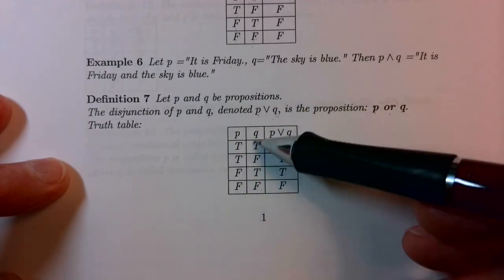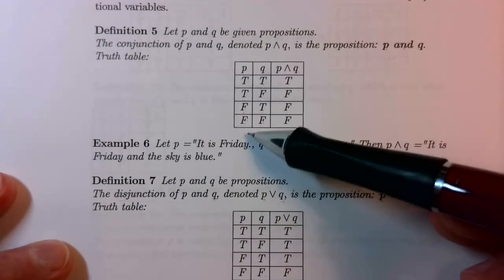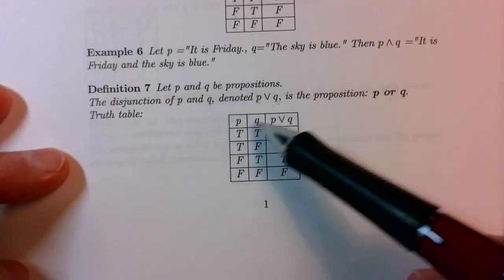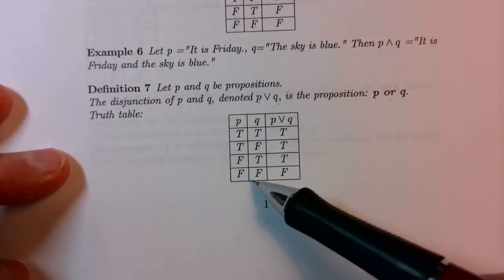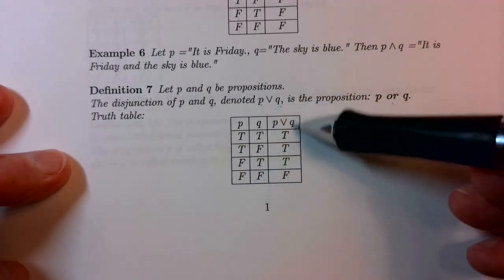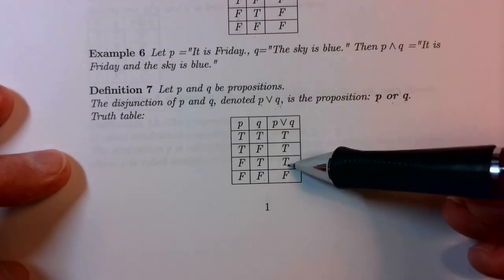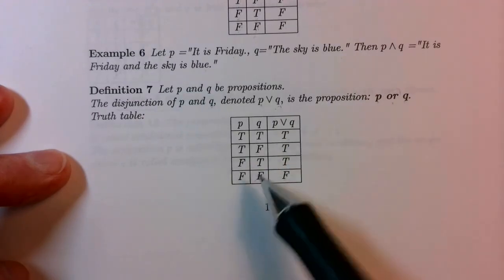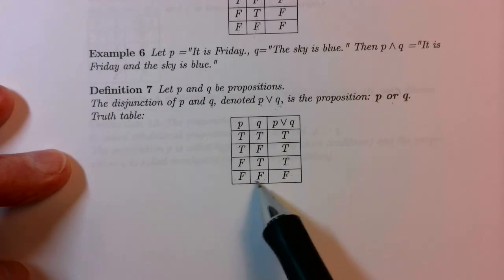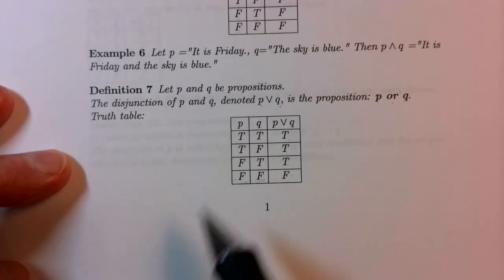You see that the first two columns are the same as in the previous table. That is, the truth values of P and Q are in standard order, and then the disjunction is true most of the time. It is false only in one case, when both original propositions are false.